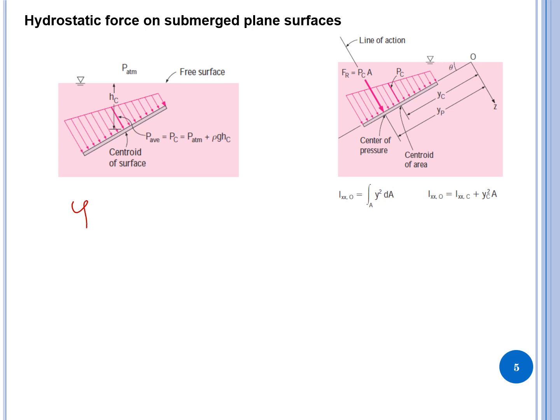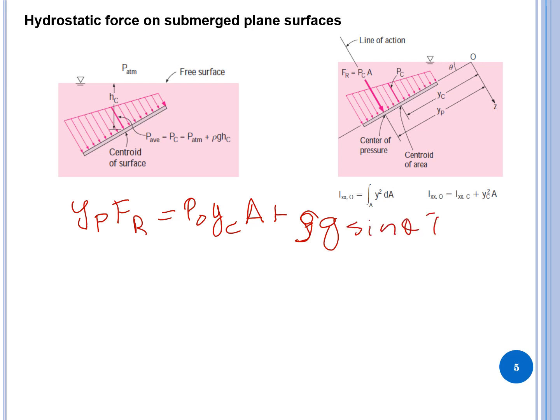So Yp Fr becomes P naught Yc A plus rho g sine theta times the second moment of inertia about the origin.